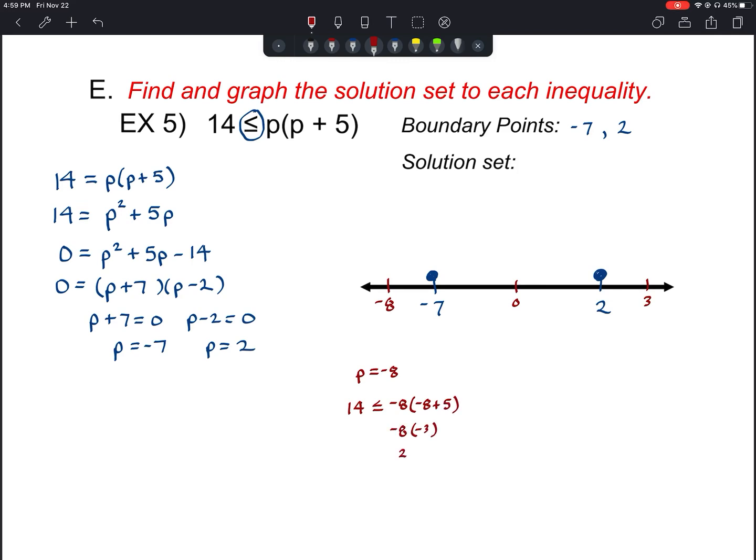So -8 times -3 is 24, which makes that a true statement. So looking like it's going to be a disjunction. I feel like everything's been a disjunction so far. That's kind of strange. Maybe because I skipped that last problem here. But chances are, our 3 should then work as well.